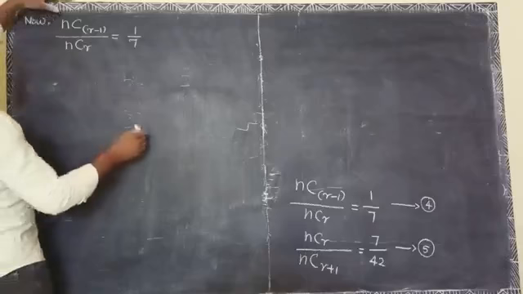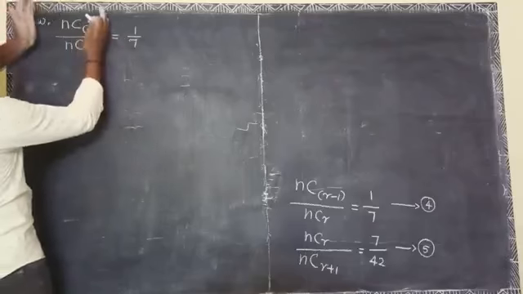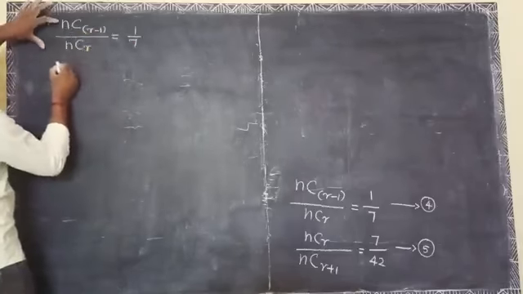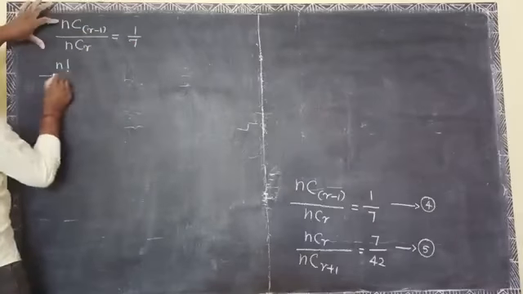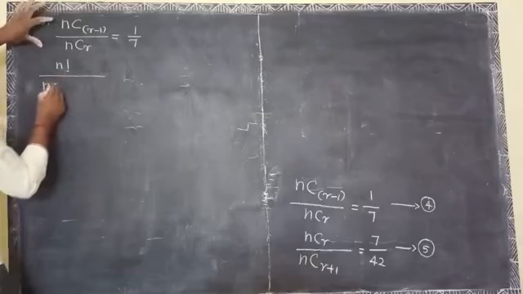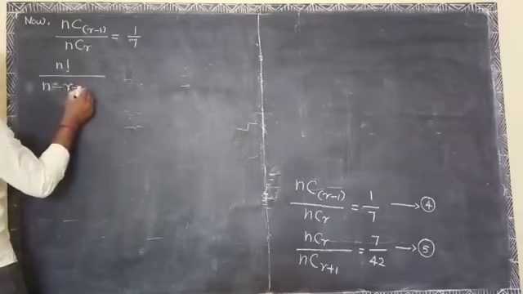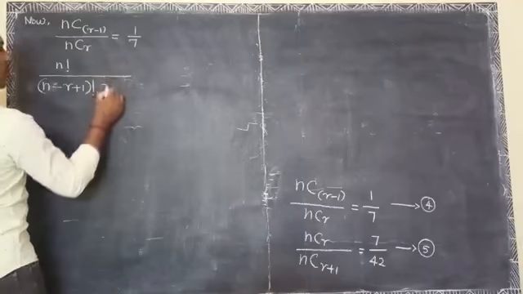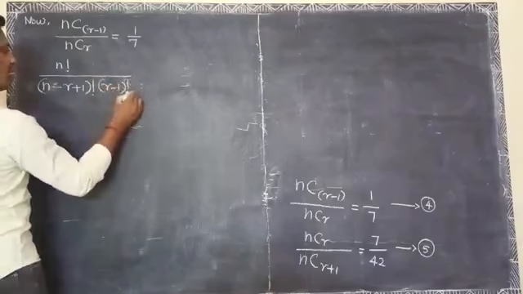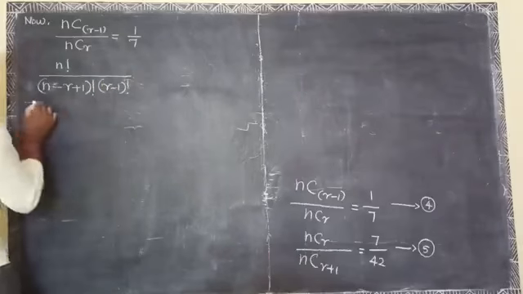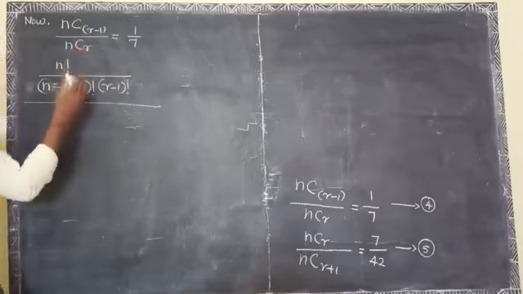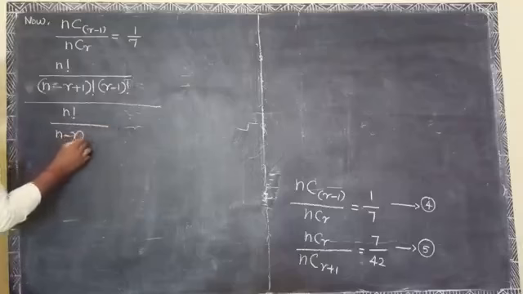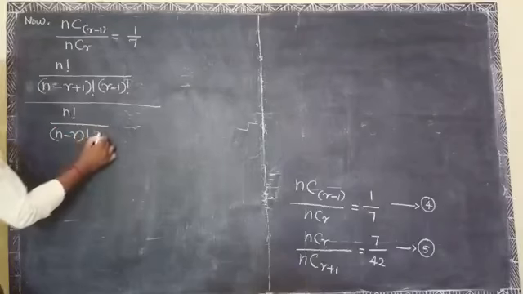Using cross multiplication, that is n factorial divided by (n minus r plus 1) factorial into (r minus 1) factorial, divided by nCr, which is n factorial divided by (n minus r) factorial into r factorial.